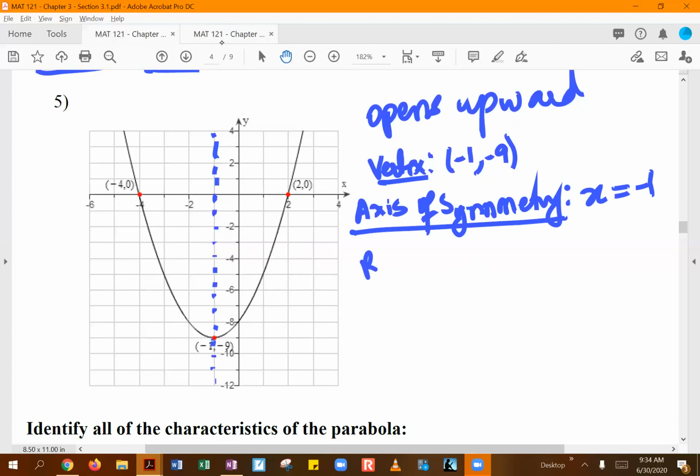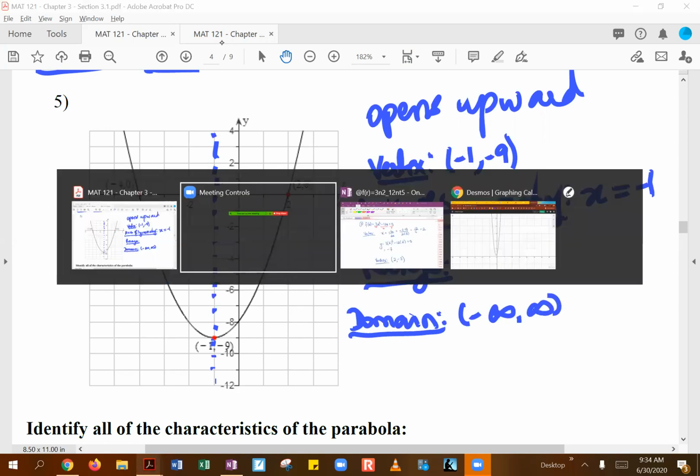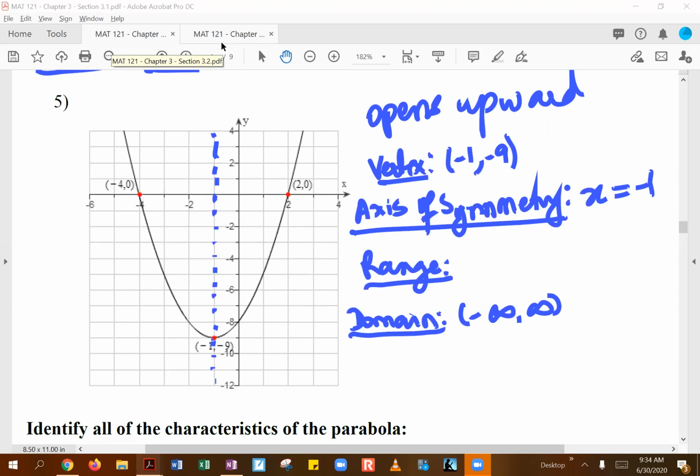What can you say about the range of this function? Now remember, they've given us a blanket domain. As long as your parabola is opening up or down, the domain is always going to be all real numbers, negative to positive infinity. So what will be the range for this function?